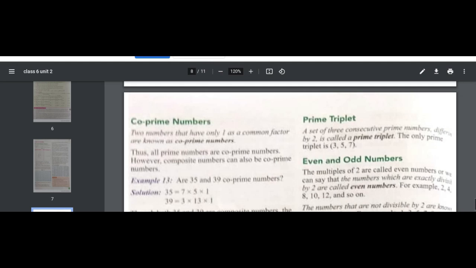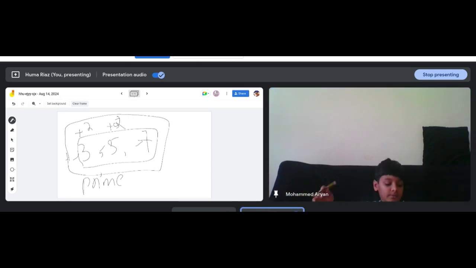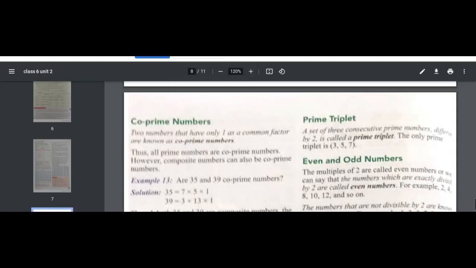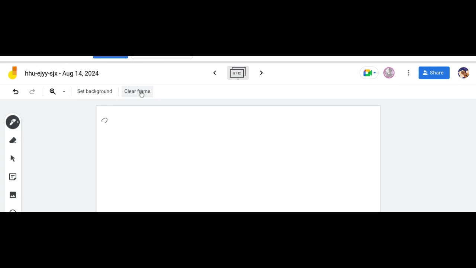Yes, very good. So we have also done the even and the odd numbers. Can you tell me what the even and odd numbers are? The even numbers are exactly multiples of 2, and the odd numbers? Yes. So basically in even numbers, we have to find the numbers that are present in the table of 2.